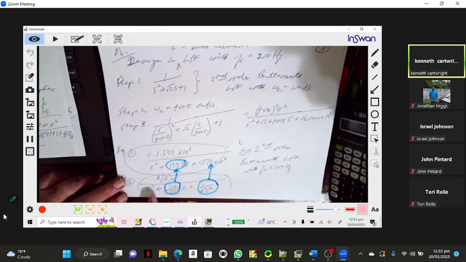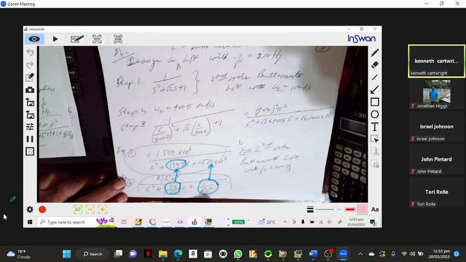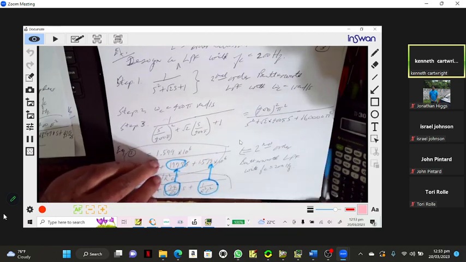And the top doesn't matter because these just differ by the value K. So we don't care about a change in gain. We care about the shape of the graph, not the gain of the graph. So this is what we do then. We make 1 over R squared C squared that, and we make (3 minus K) over RC that. So let's go ahead and do that now.